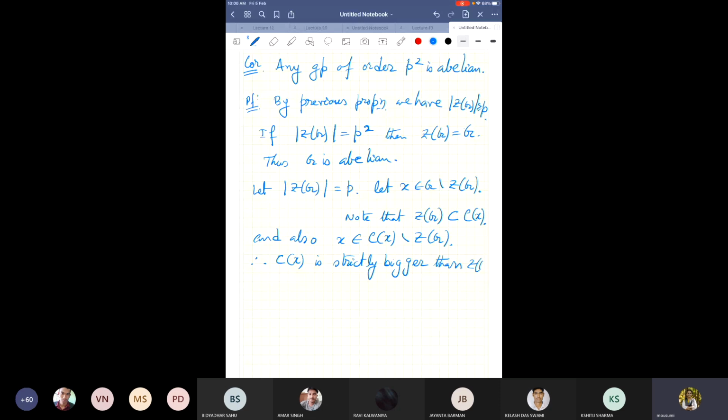Isn't it? Here I have proved that the center is sitting inside the centralizer and I have one element which is only in the centralizer but not in the center.